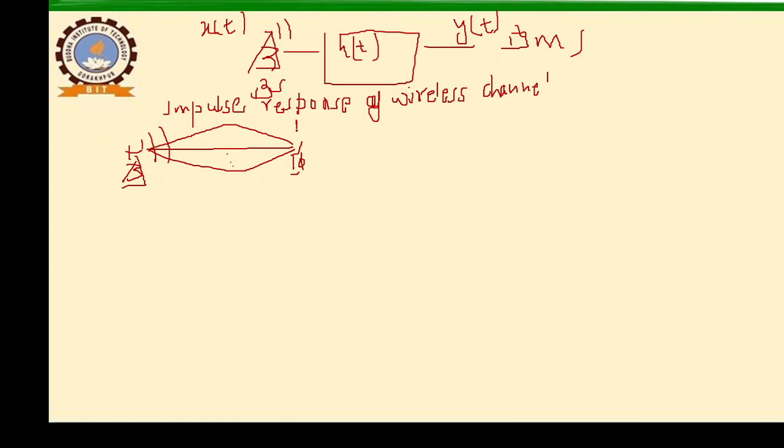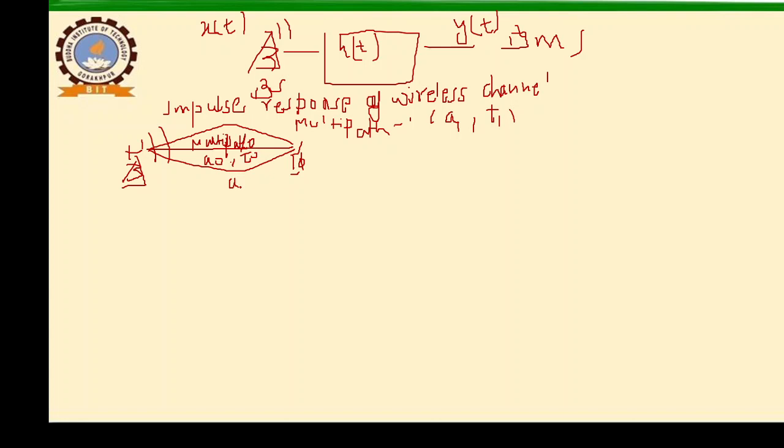So multipath 1 is A1, tau 1. This is multipath zero, this is the A naught and tau naught.